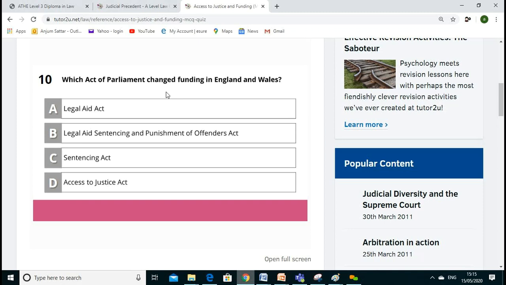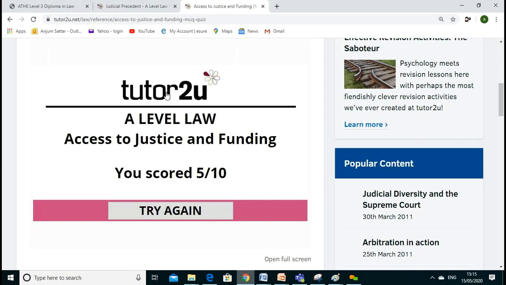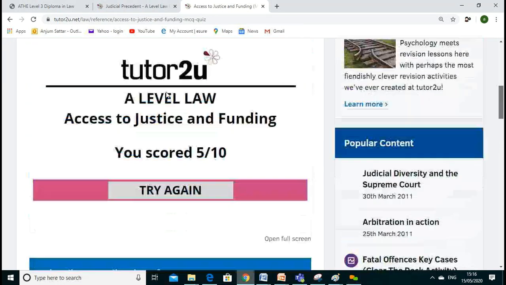D. Legal aid, yes. The Legal Aid, Sentencing and Punishment of Offenders Act, yes. So we got 50%. Anybody, any question?